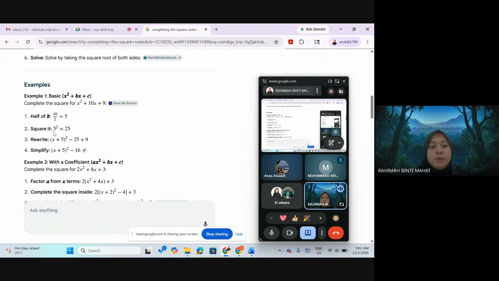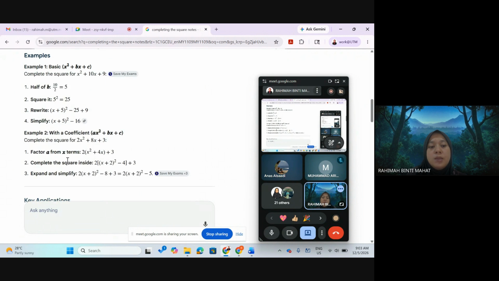And you need to square it because it is b over 2 squared, so 5 squared is equal to 25. So you will rewrite x plus 5 squared, minus 25 plus 9. You can simplify to x plus 5 squared minus 16.